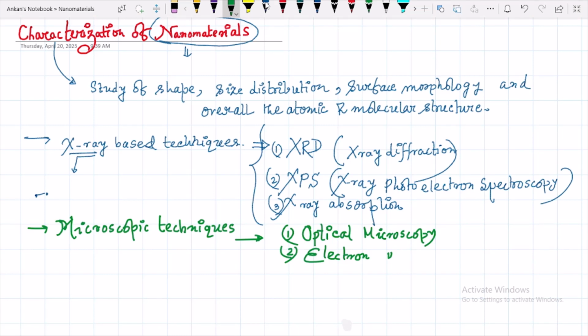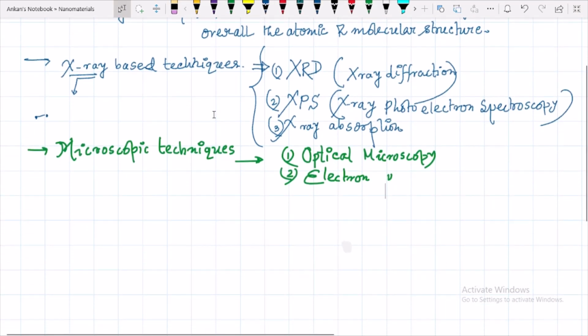These are the two main classifications of microscopy technique. What is optical microscopy and what is electron microscopy? We will go into detail about it, but at first I am going to give you the schematic classification. Electron microscopy is very important.